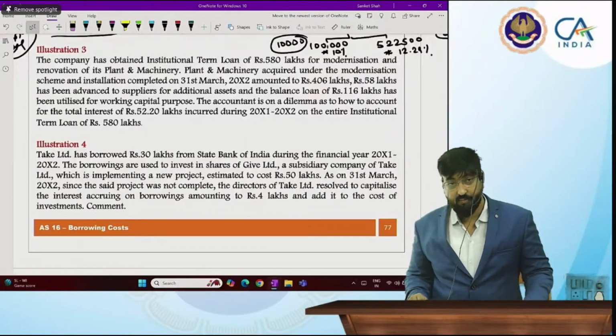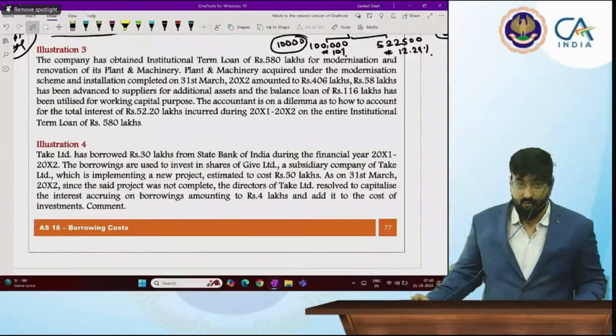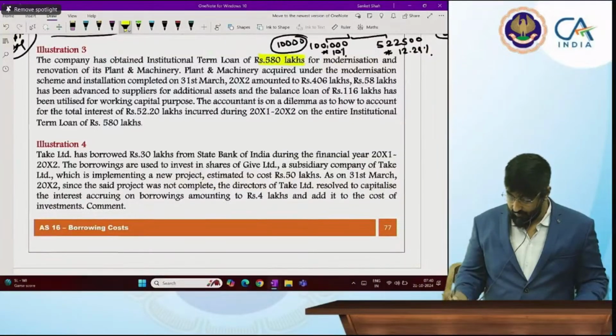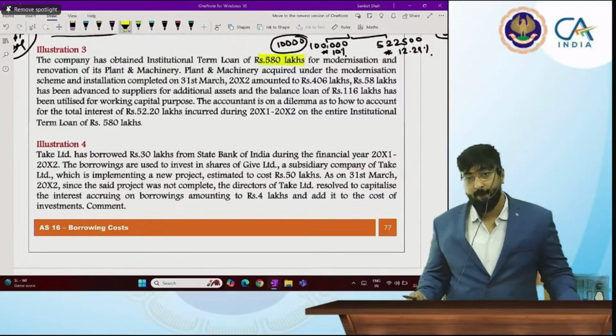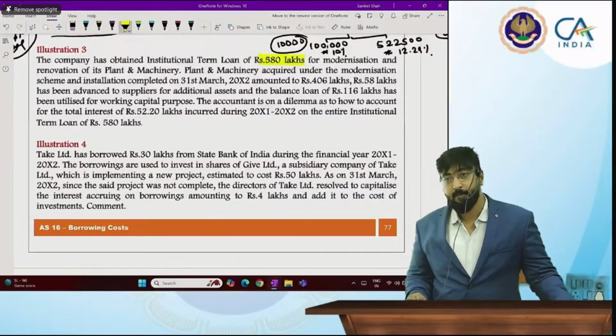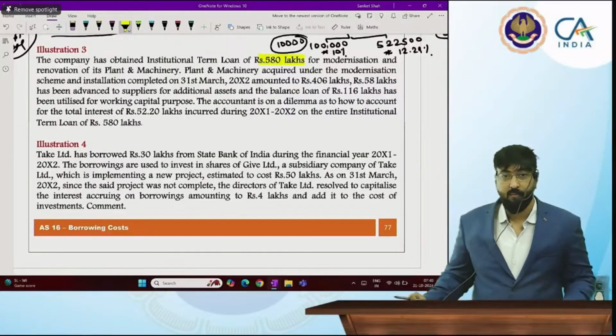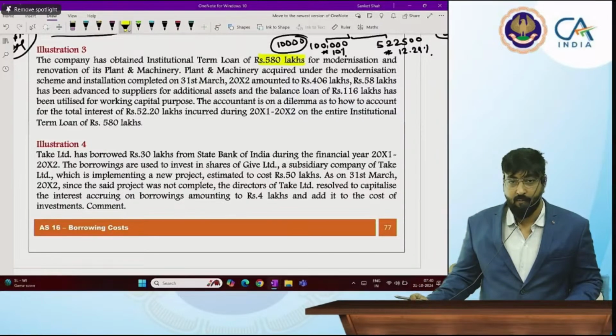Illustration 3. The company has obtained institutional term loan of rupees 580 lakh for modernization and renovation of its plant and machinery. Plant and machinery acquired under the modernization scheme and installation completed on 31st March 2022 amounted to rupees 406 lakhs. 58 lakhs has been advanced to the suppliers for additional assets, and the balance loan of rupees 116 lakhs has been utilized for working capital purpose.